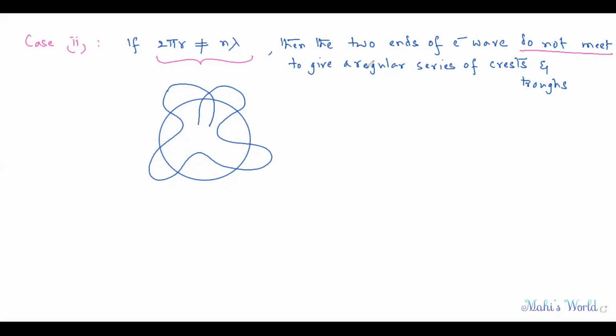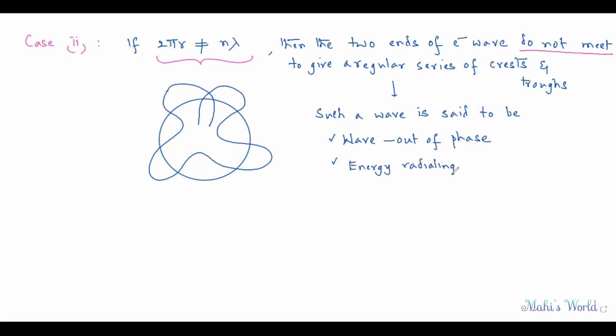Now look at what this kind of wave is called. Such a wave is said to be a wave out of phase. Simply, we can call it an energy radiating wave.